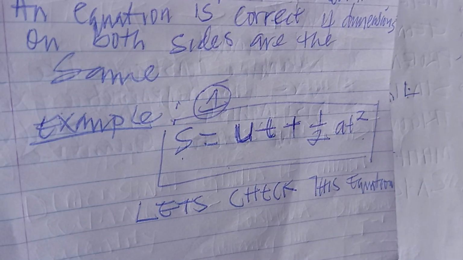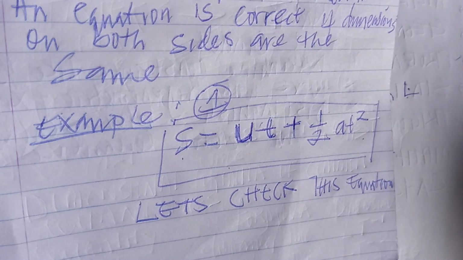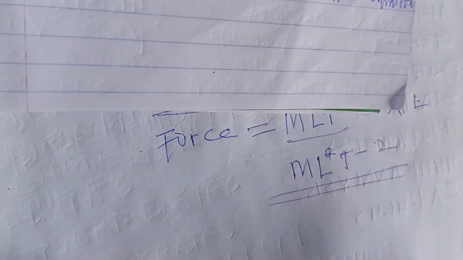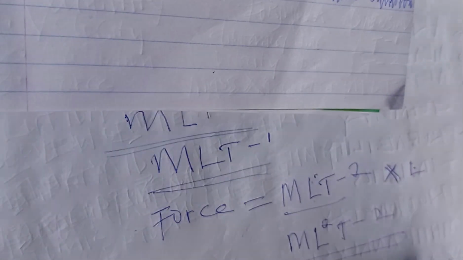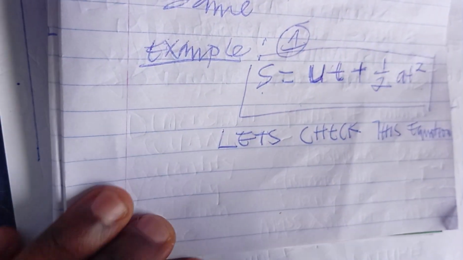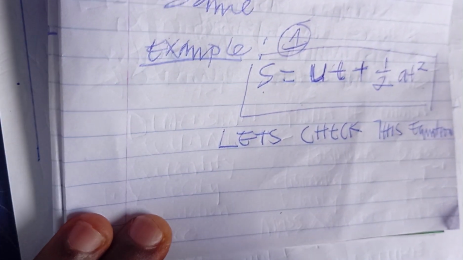When we come over here, we are going to list out the equations of motion as well. But for now, we are just dealing with dimension and dimensional analysis. To check whether this equation is correct, we start with S.